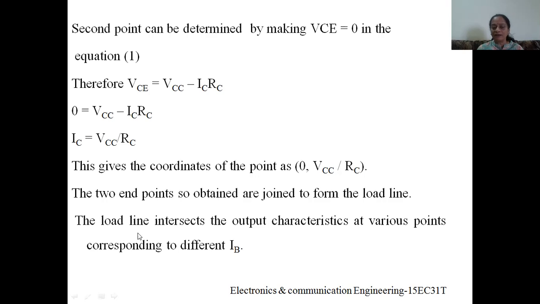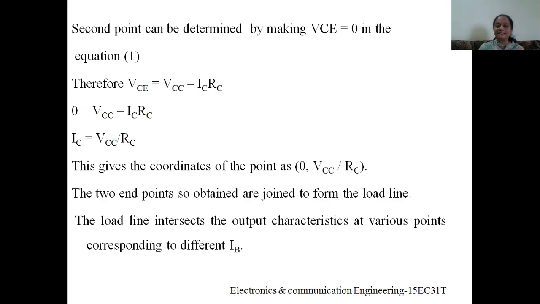When you draw it, the load line intersects the output characteristics at various points corresponding to different IB. So on the output characteristics of the transistor, we can draw the DC load line. The DC load line represents graphically the DC bias condition of a transistor amplifier.